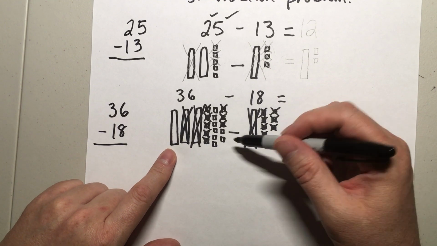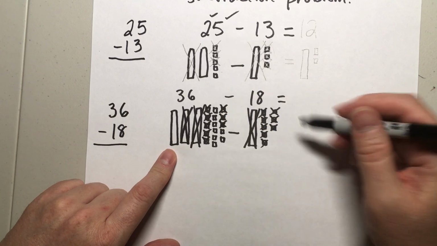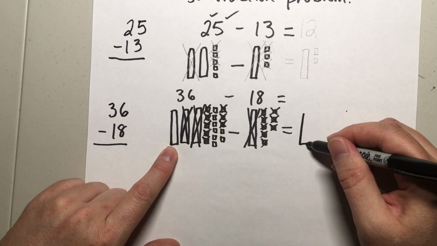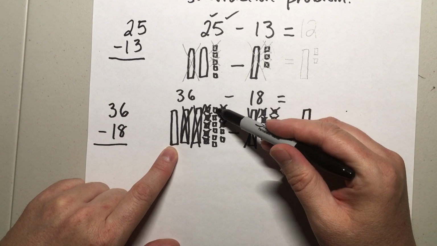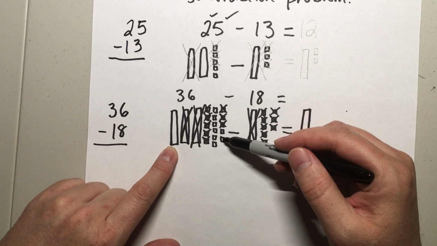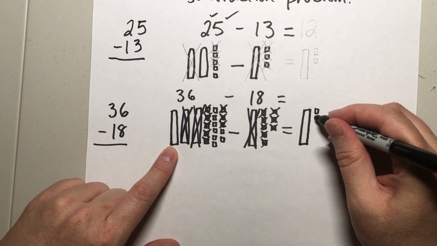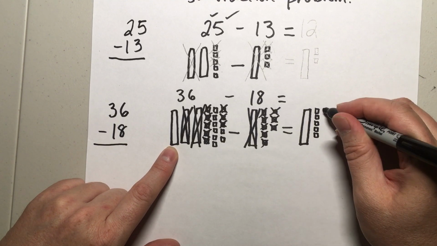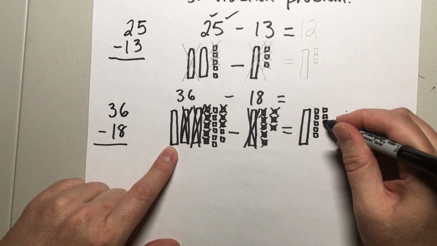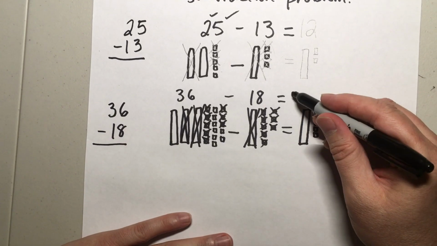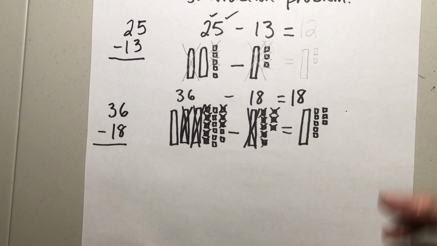All right, so what am I left with now? I'm left with 1 ten and 1, 2, 3, 4, 5, 6, 7, 8. So 18. That's how we talk in the southwestern part of the United States sometimes. Sometimes we say lefted.